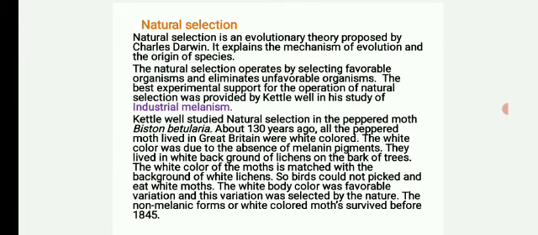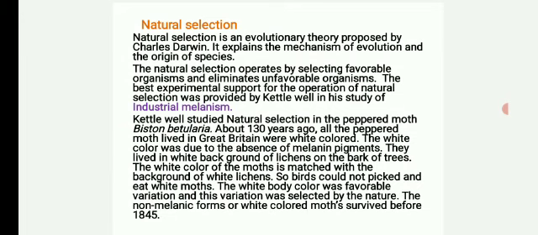Kettlewell studied natural selection in the peppered moth Biston betularia. About 130 years ago, all the peppered moths living in Great Britain were white colored. The white color was due to the absence of melanin pigments. They lived against a white background of lichens on the bark of trees.